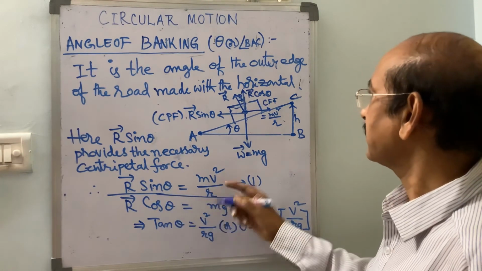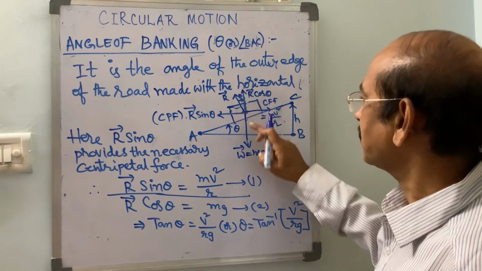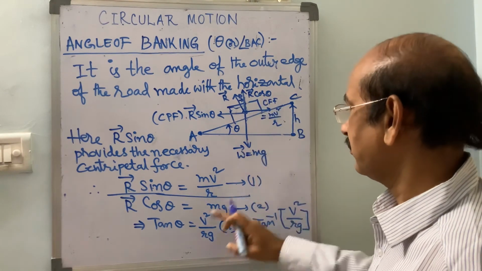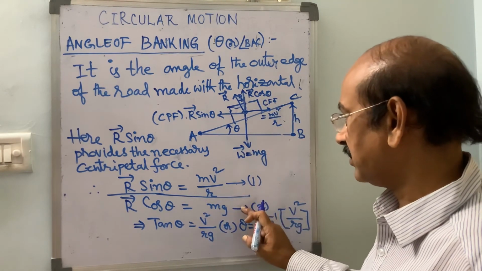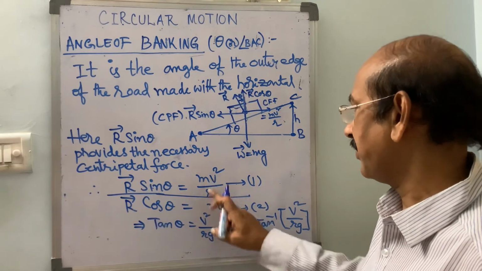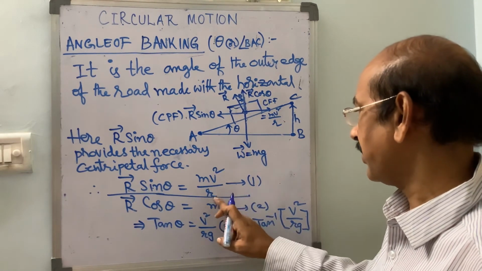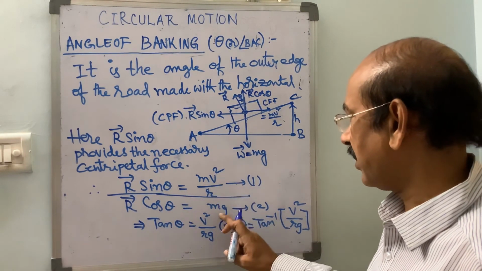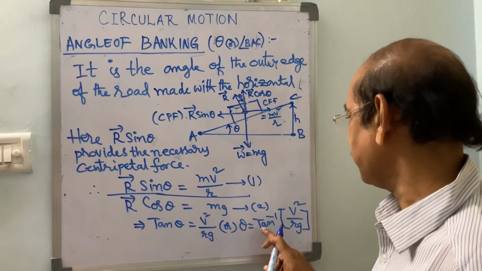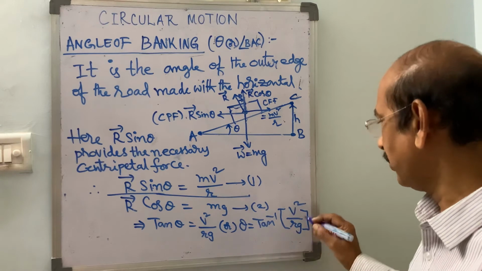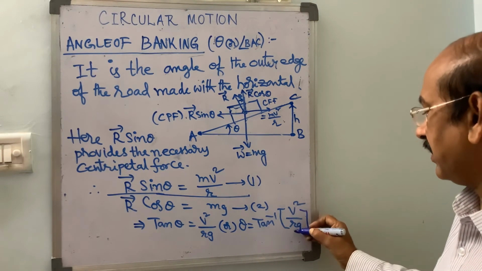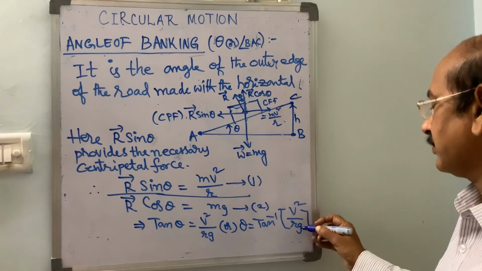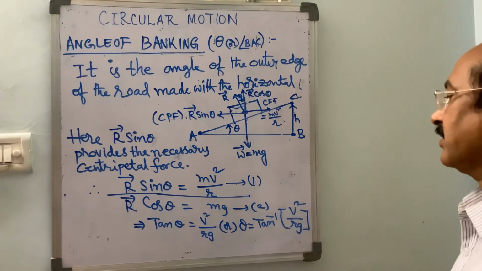From this figure, R cos theta balances its weight. Therefore, R cos theta is equal to mg. So divide equation 1 by 2, R gets cancelled, and we get tan theta equal to v square by rg, or theta equal to tan inverse v square by rg. If we know the velocity of the vehicle and the radius of the curved path, then we can calculate the angle of banking, theta.